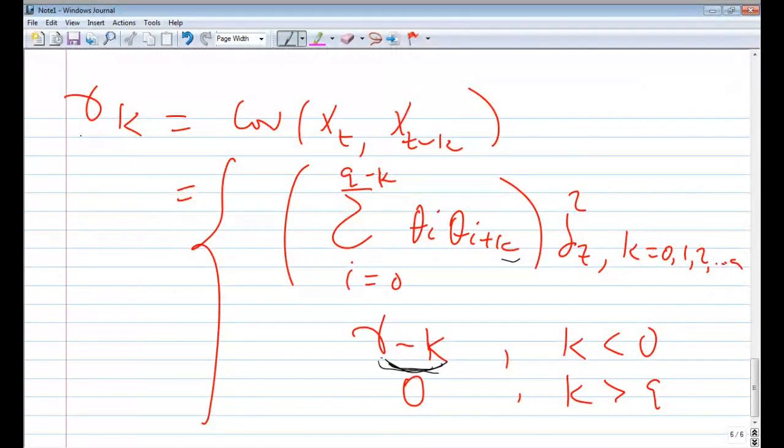Gamma k can be equal to this one if you want to deal with the negative side. And then again, gamma k is going to be equal to 0 if you want to deal with the values that are greater than q. So those are the conditions that I'm talking about.